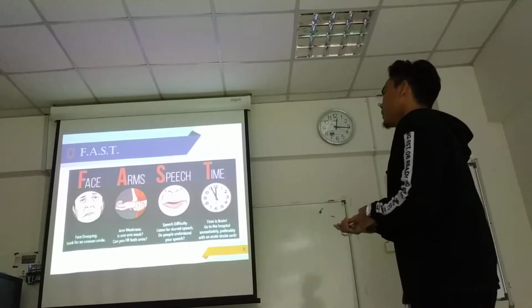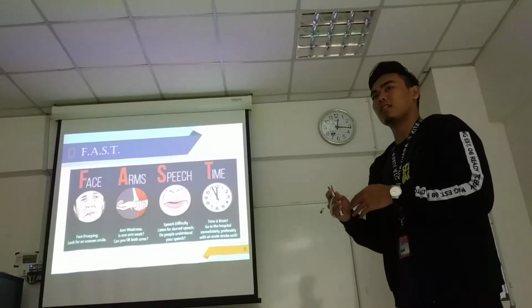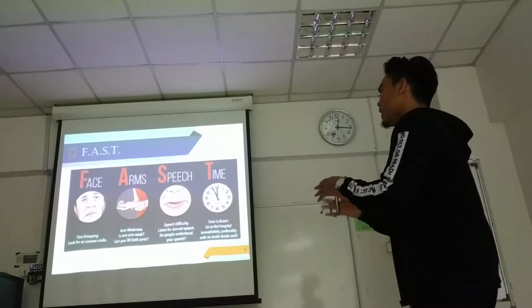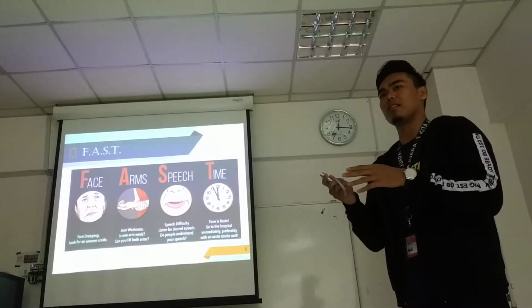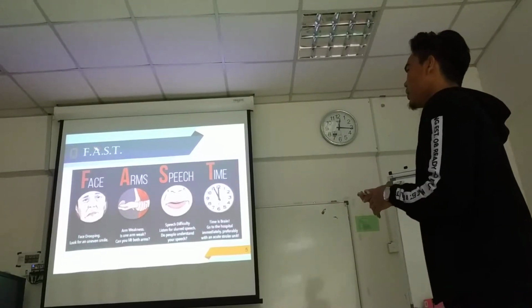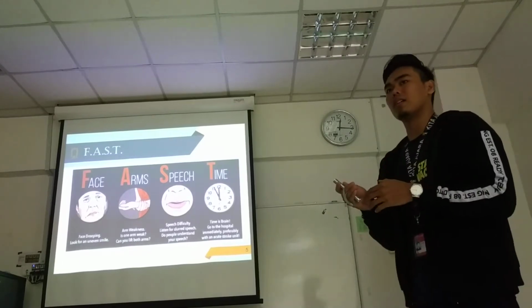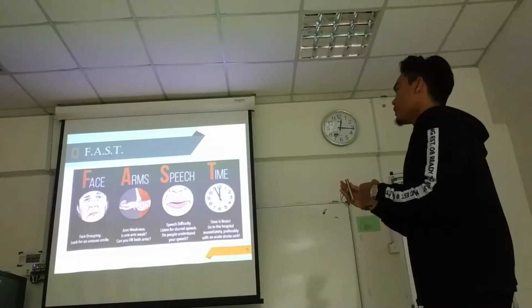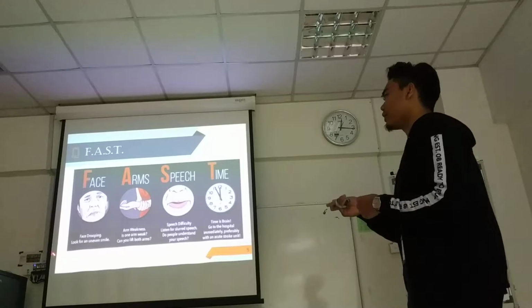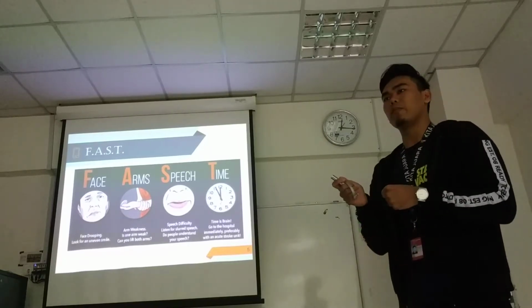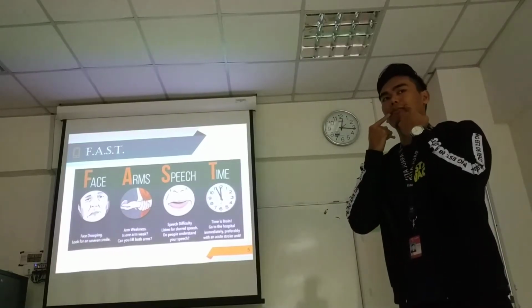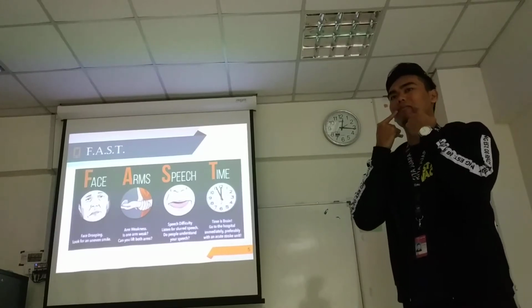To make it easier, there's an acronym, FAST, which stands for face drooping. To detect the stroke, we need to look at the face, whether it's drooping or, when they smile, they have an uneven smile.